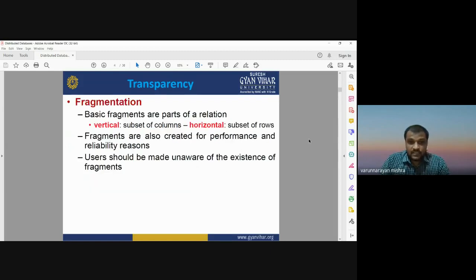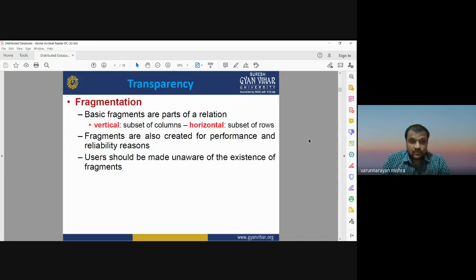Fragmentation is important under transparency. Basic fragments are part of a relation: a vertical subset of the columns and a horizontal subset of the rows. As we all know, the database is stored in the form of tables, or in any other format, but fragmentation is the process of dividing your database into vertical and horizontal components.